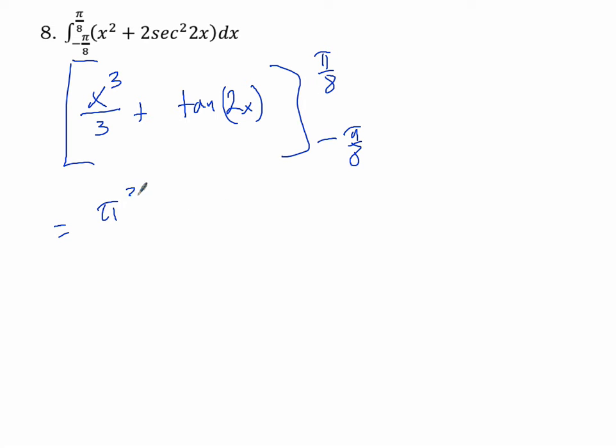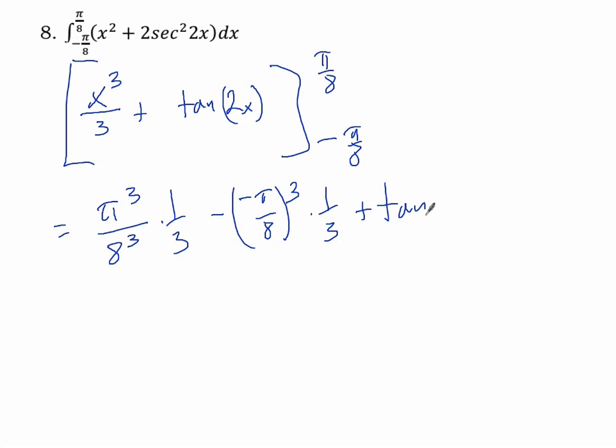So that's pi cubed over 8 cubed times 1/3. Then you're going to have minus, and then you've got -pi/8 cubed times 1/3 plus tangent 2 times pi/8 minus tangent 2 times -pi/8.